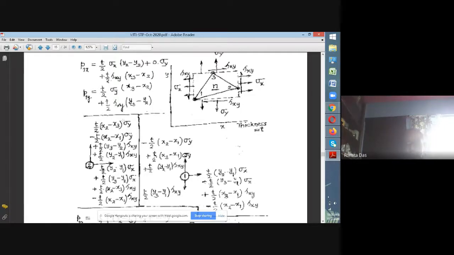So you can go on doing that process for all the corner nodes, and finally we can write the loads for all the 3 nodes. For the first node, I have these 2 forces acting in the x and y direction.